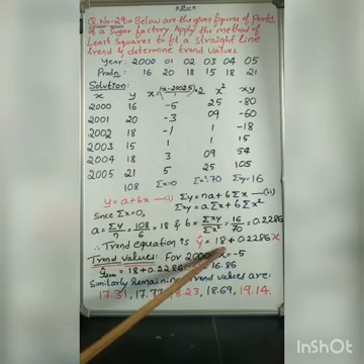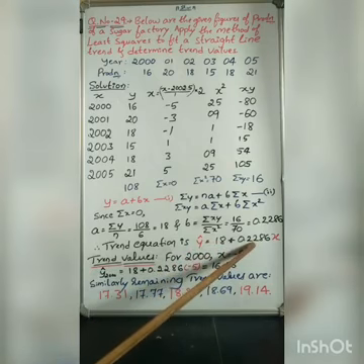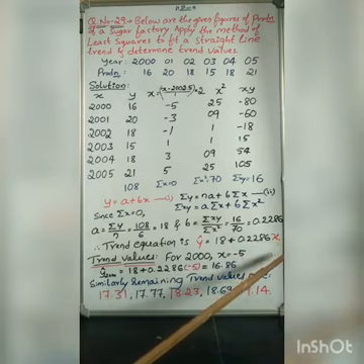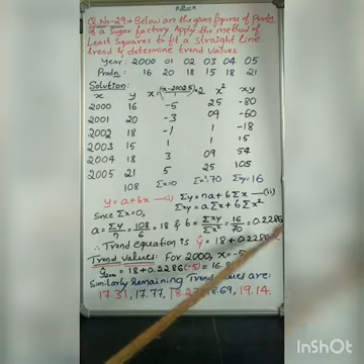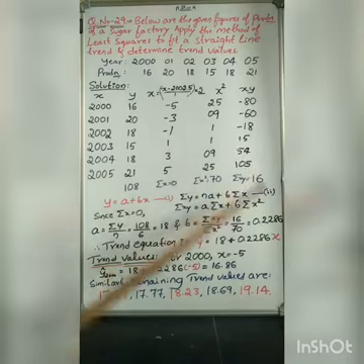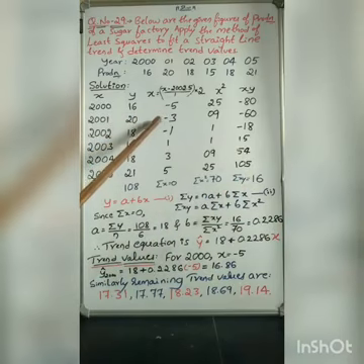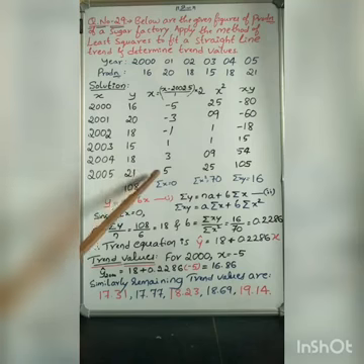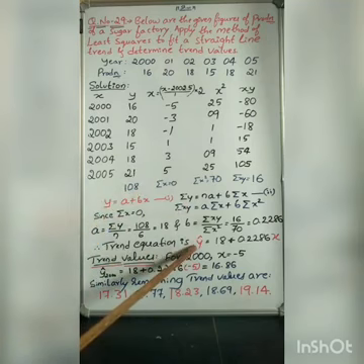These two constants are already calculated and substituted. Only x we go on substituting in different magnitudes according to these x values. First we need to substitute here x as -5, then -3, then -1, then 1, 3 and 5 respectively. Whatever the value of y cap we will get, those may have to be written as trend values.